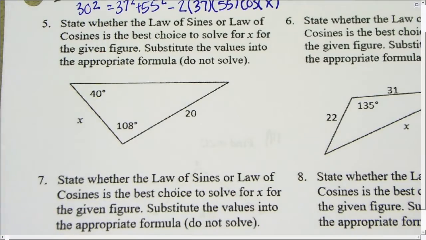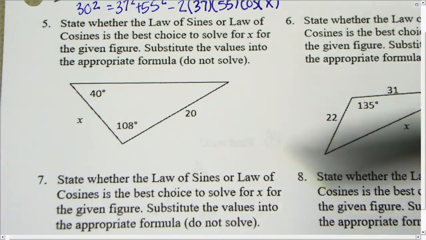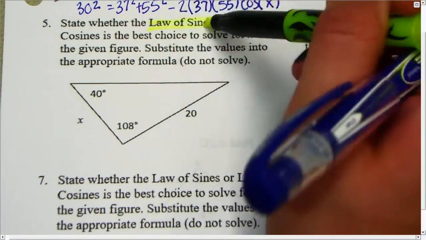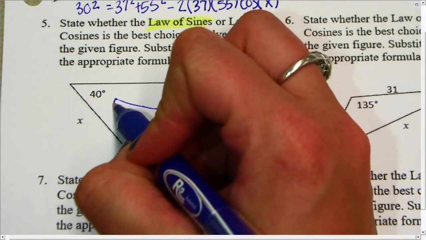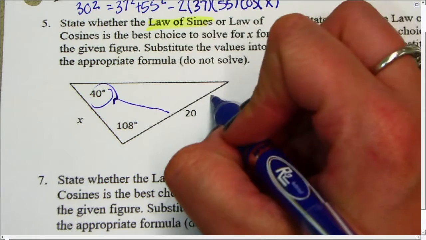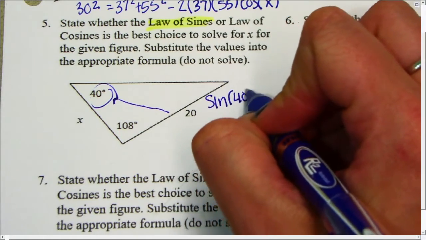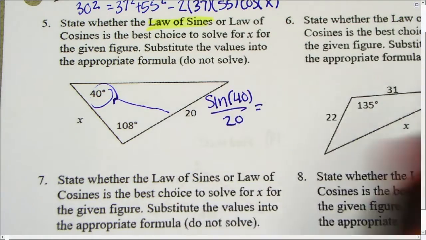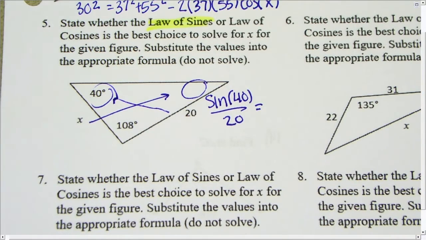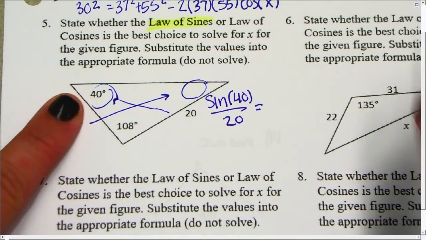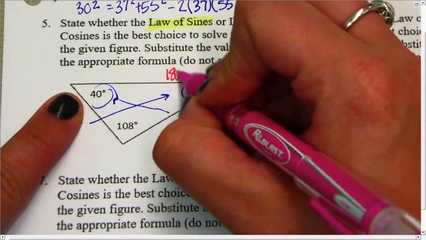Number 5, I see again two angles and two sides, so that is the law of sines. From here, I'm going to go ahead and work backwards. So 20 corresponds to angle 40. So sine of 40 over 20. Now in this problem, x corresponds to nothing, but you do know how to solve this problem. What you're going to do is add 108 and 40 together and subtract from 180.